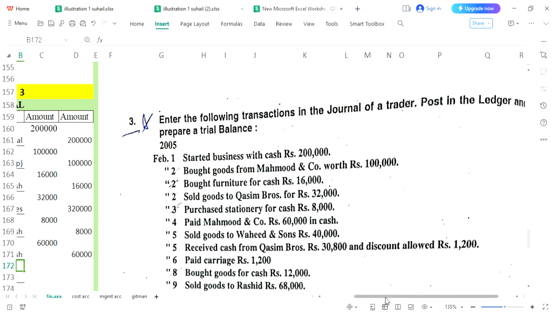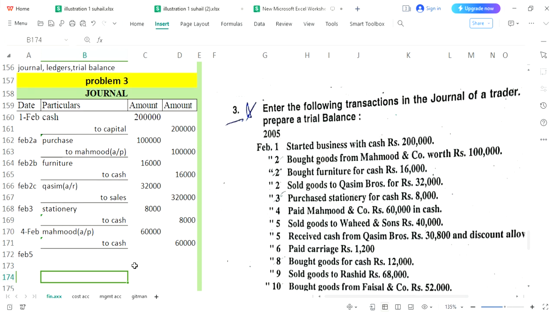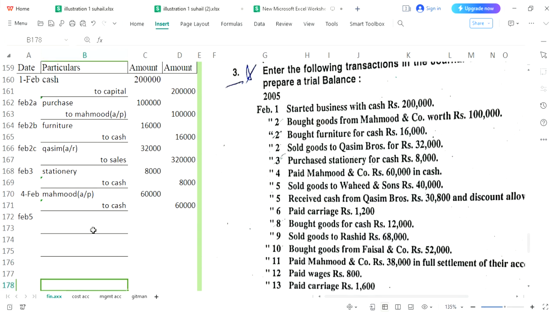When you receive cash, it means cash is coming in. If cash is coming in, that means your cash in hand is increasing. Cash in hand is your asset. An asset is increasing, and an increase in asset should be mentioned on the debit side. So you will mention cash on the debit side. From whom are you receiving this cash? You are receiving this cash on February 5 from Qasim.